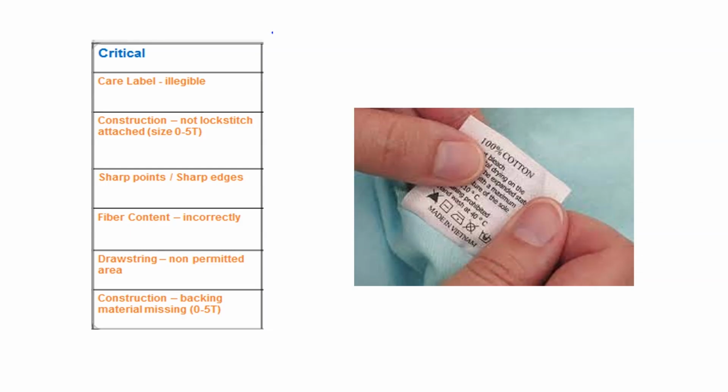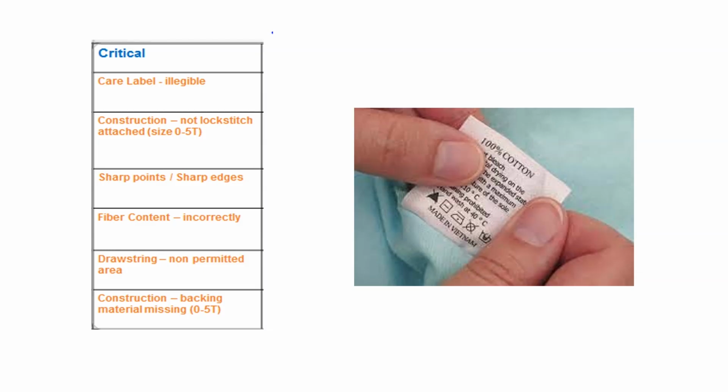Now there are other kinds of critical defects which can come due to stitching. It can come due to construction problems, sharp points, sharp edges, fiber content as I already explained to you. Then drawstring is also another problem, in a certain area the drawstring becomes critical.